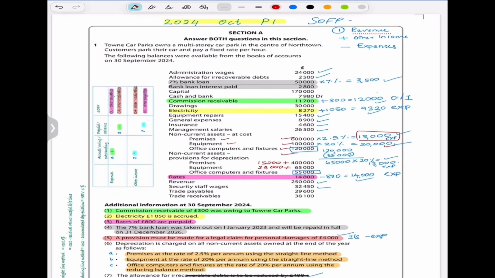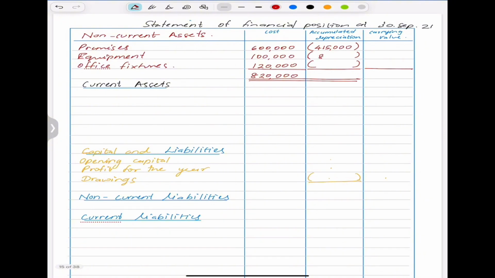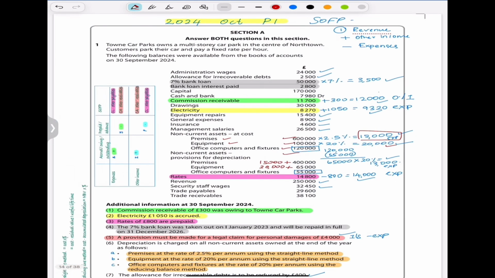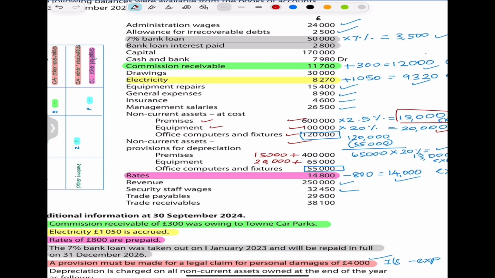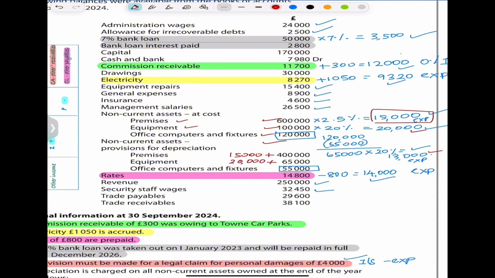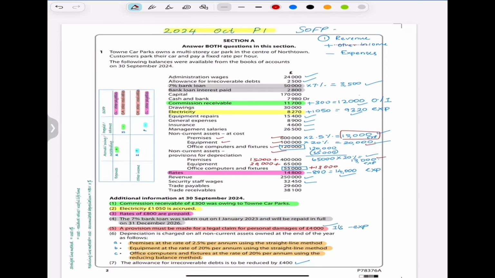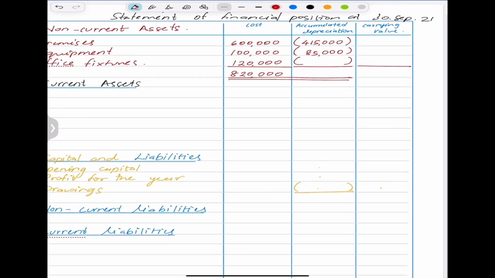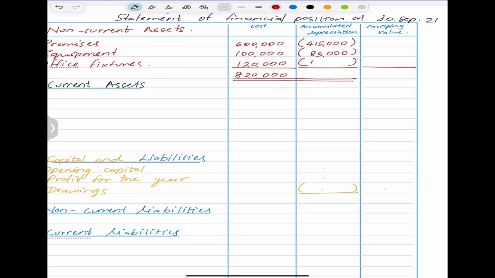It should be 85,000. Then for office fixtures and fittings, computers and fixtures, you have 55,000 opening, and the current year we calculated earlier, which was 13,000. Therefore, accumulated depreciation for office fixtures is 68,000. Now let's add up these 3 figures and you should get 568,000.